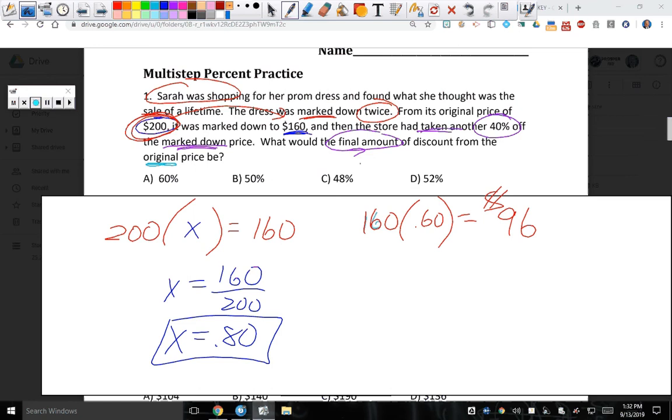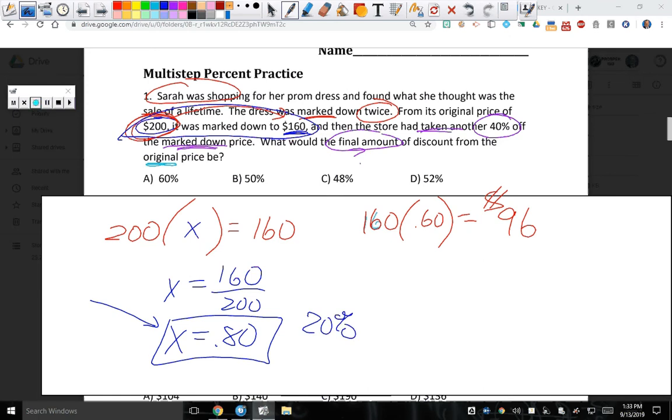What's the discount percentage that you just received? You get 20%. I'm just doing this one first. So 200 to 160, it has a 20% discount.